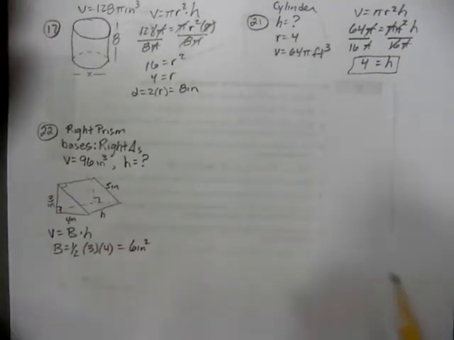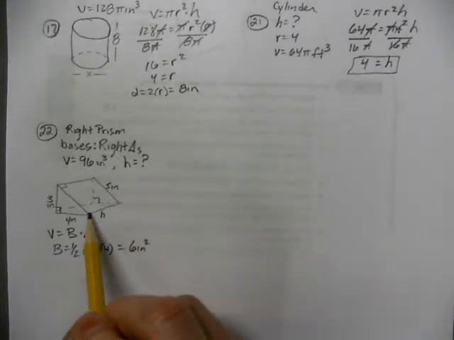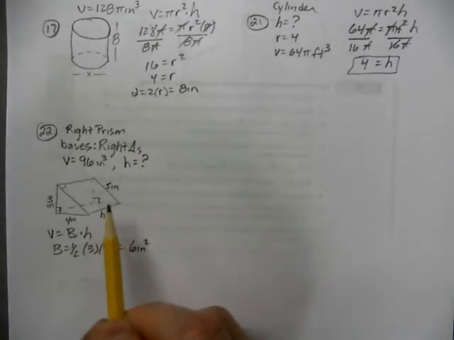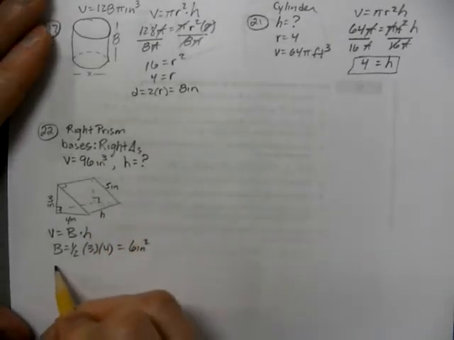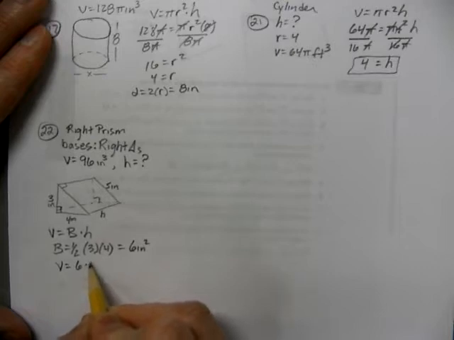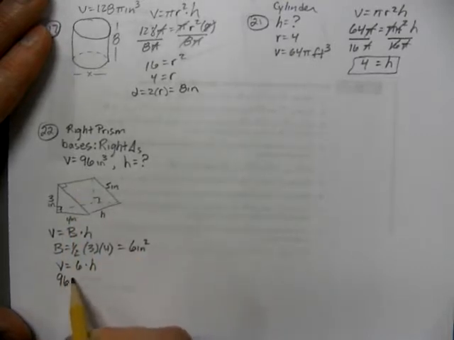So this is inches squared, because it's the area of the triangle. Now we take that area of the triangle and we multiply it by h. And that should equal our volume, where the volume equals 6, because that's our B, times h. The volume was 96.